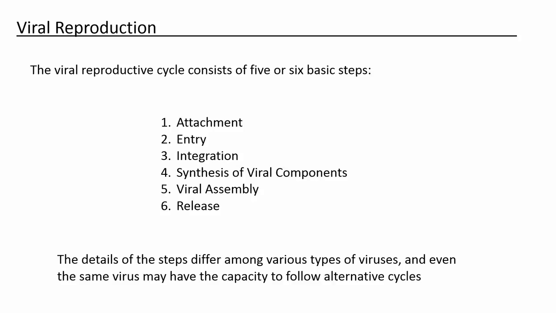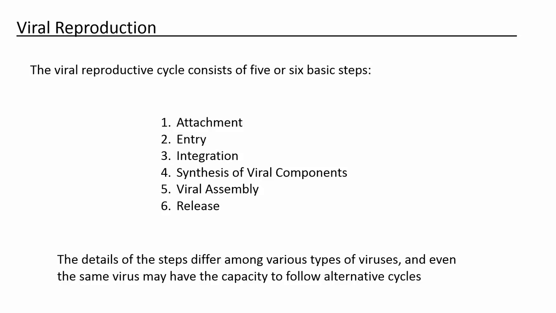So last week, in terms of viral structure and reproduction, we got through talking about viral structure. We talked about the fact that all viruses have a protein coat called a capsid that surrounds their genome. The capsid can differ between viruses in terms of shape, and the genome varies depending on the virus.